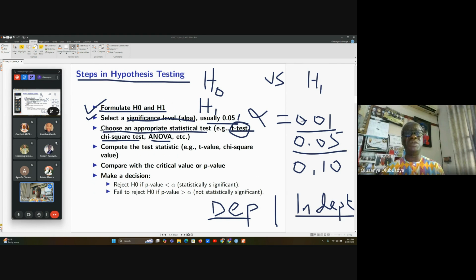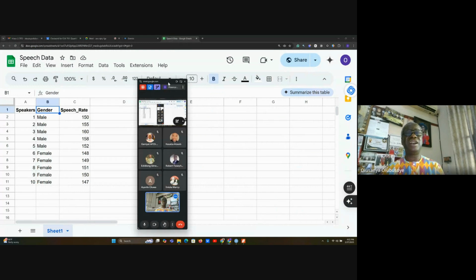So in the third step, we have to choose the appropriate statistical test. And for our data now, I've shown you why the t-test is chosen: because one, our dependent variable is the speech rate. Our independent variable is gender and is categorical.